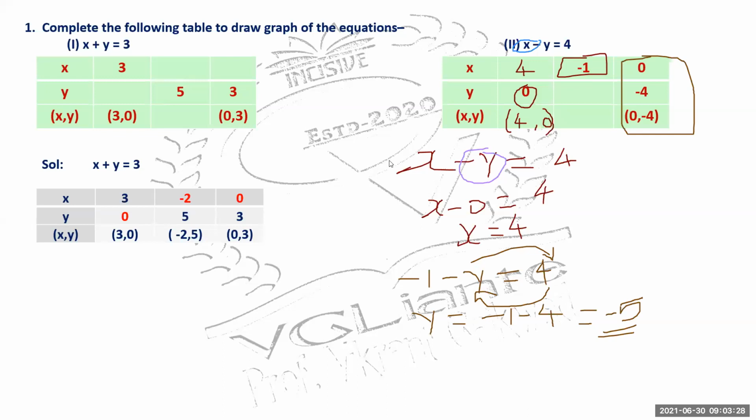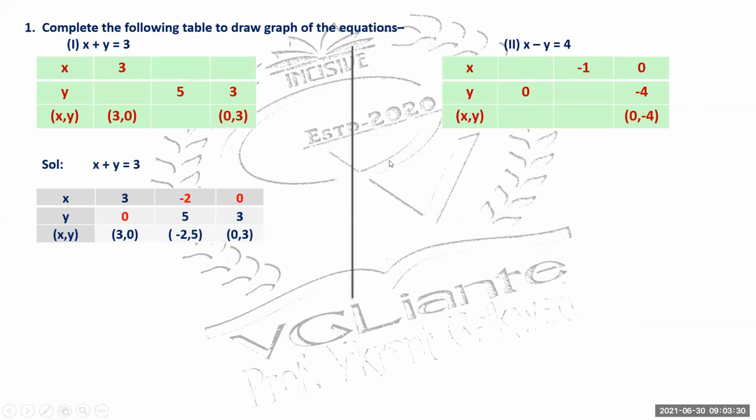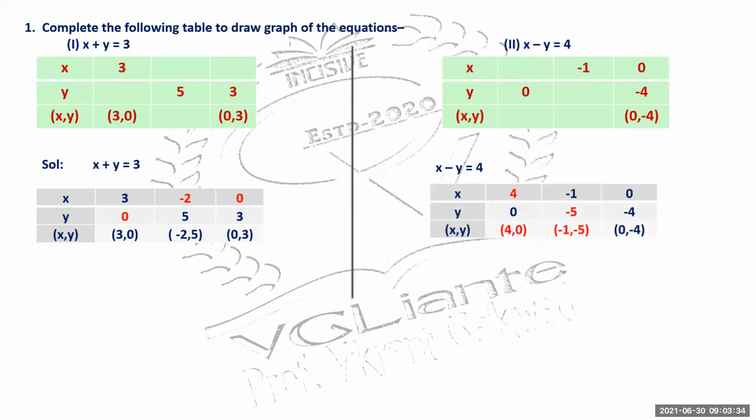Check all the values you have got. Understood? All this marked in red are the values which you have to put. Is this clear to all the students? You can remove the screenshot of this. Now after completing the table, you have to draw the graph.